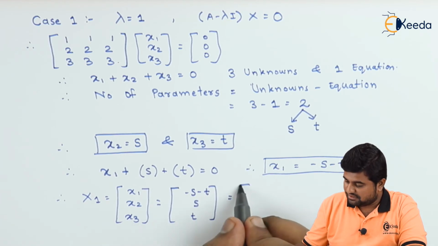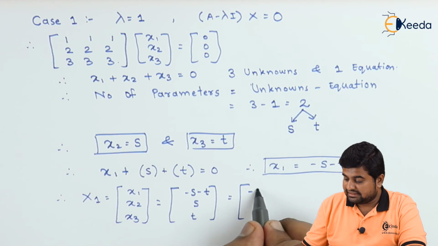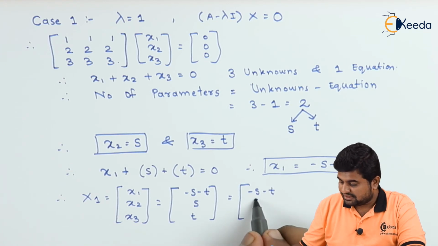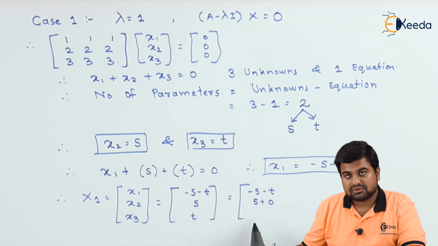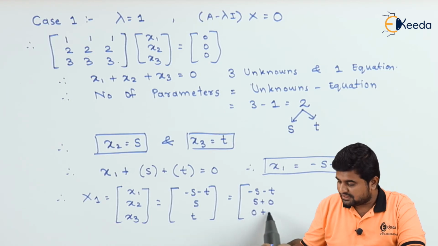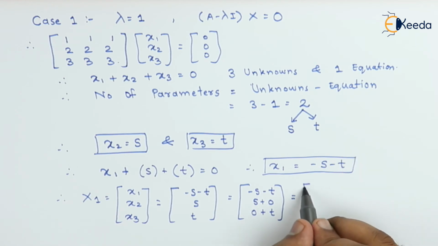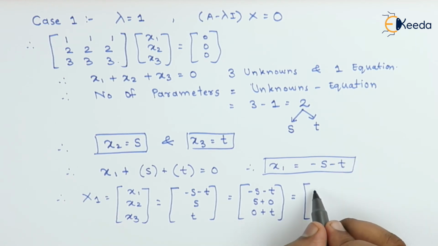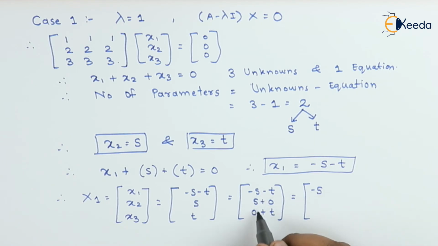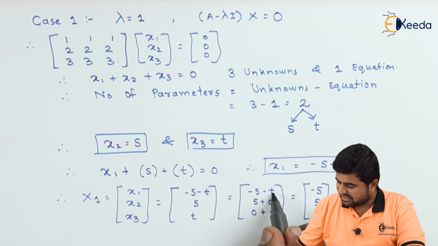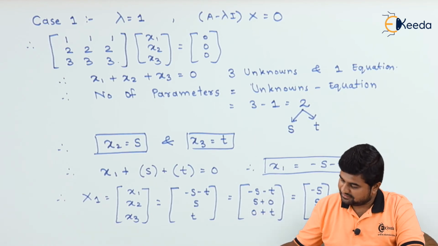Which is nothing but minus s minus t, s plus 0 and 0 plus t. So we'll be having 2 eigenvectors: minus s, s and 0, plus minus t, 0 and t.